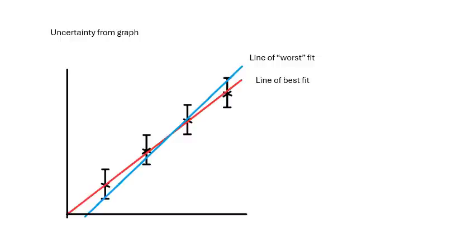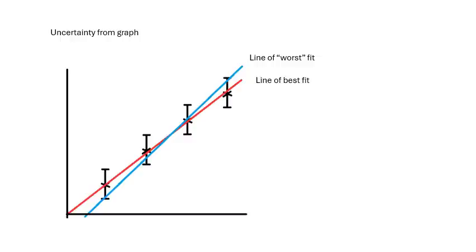You can get uncertainty from a graph. Very often there's lots of situations where we actually get the value of something from a graph, like Planck's constant or acceleration due to gravity, and a few more as well, internal resistance. So what you do is you do a line of best fit, and if you like, that's your average.